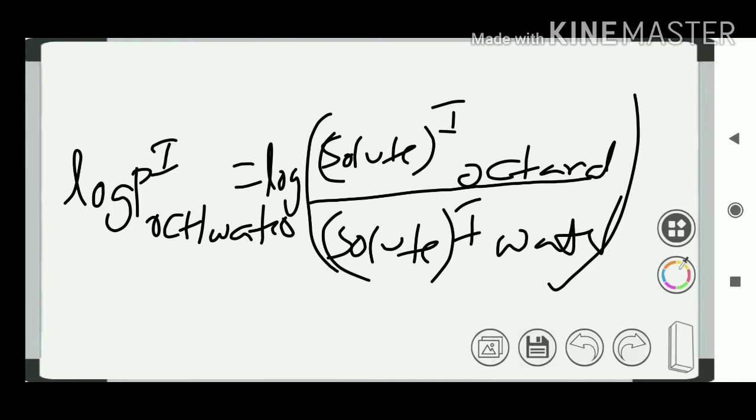Okay, this is the entire equation of the corresponding partition, log P I octanol by water, defined in the same manner as for the unionized form also.